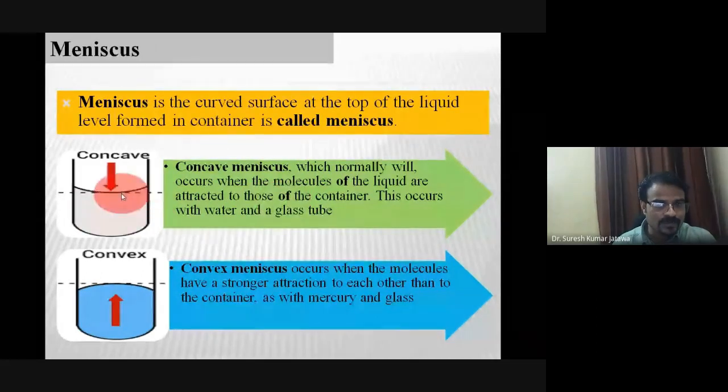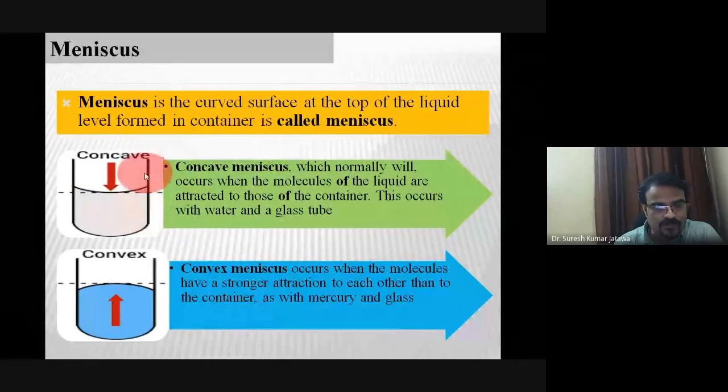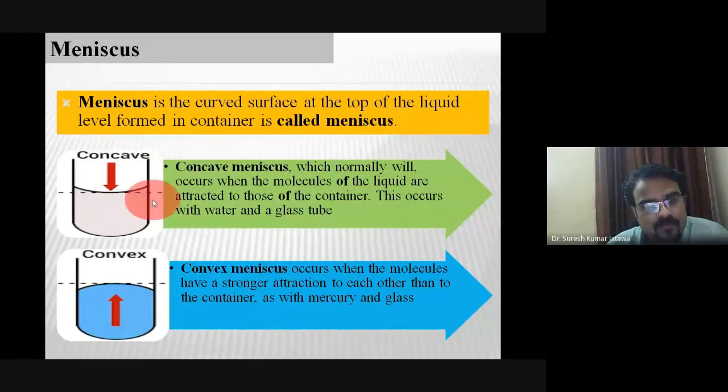The molecules of the liquid you are measuring are more attracted to the surface of the container, the glass. When such glassware is used, you form the concave meniscus. This occurs with water and a glass tube, for example.